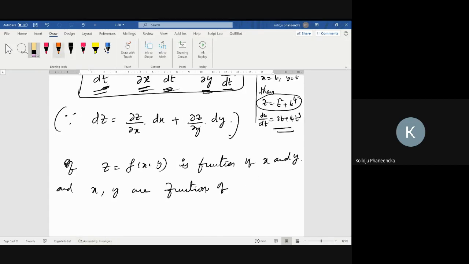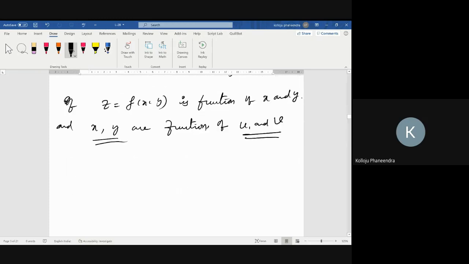X and y are functions of u and v, two variables. So let me picturize this. Z is a function of two variables, and x and y are also functions of two variables. So obviously z is a function of u and v.